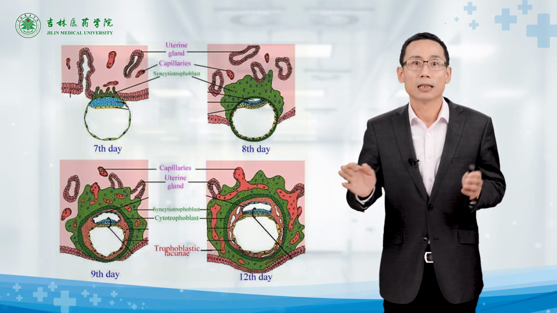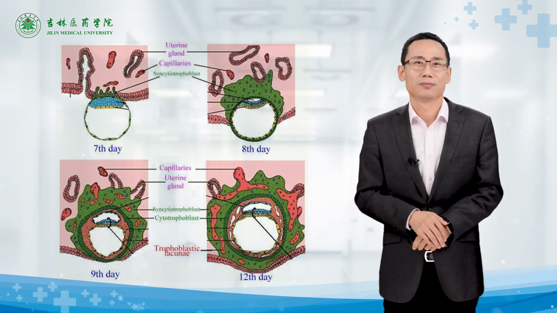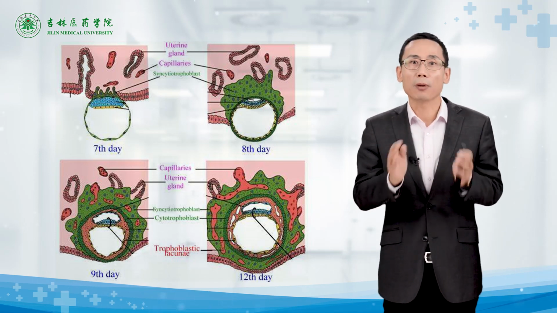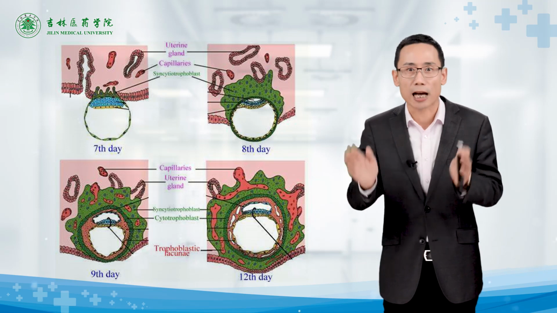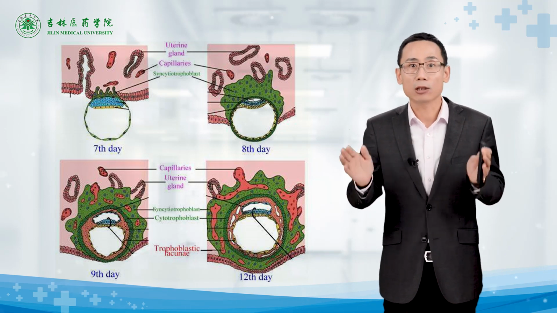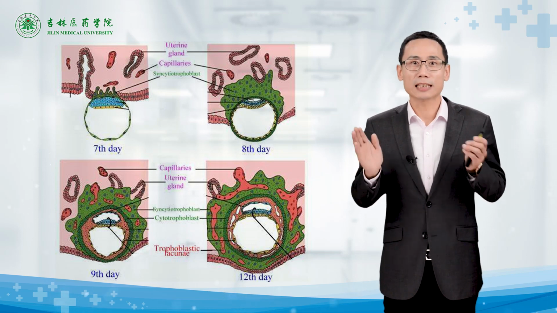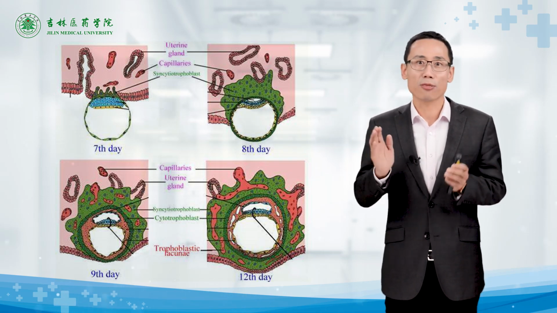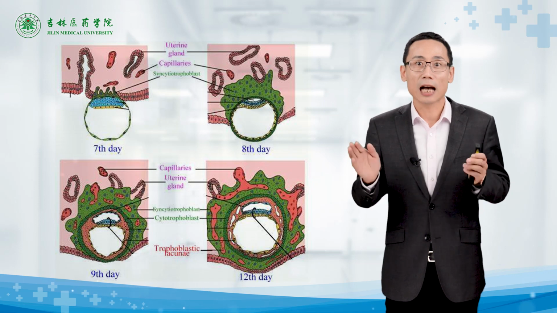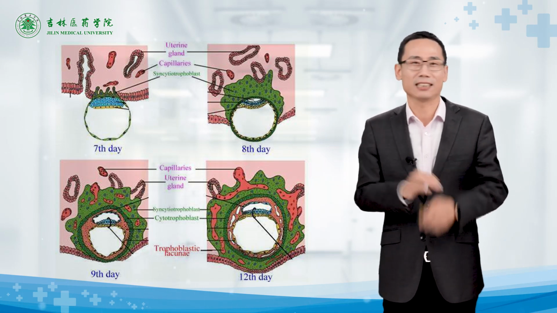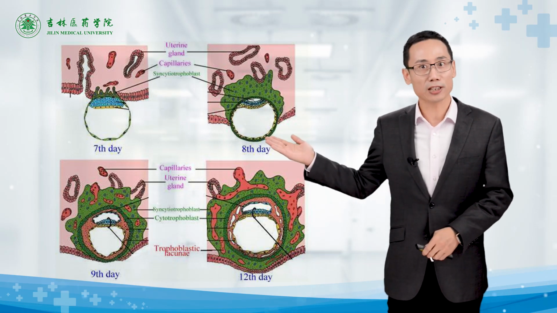This is called syncytial trophoblast. The inner cells have clear boundaries and are composed of monolayer cubic cells, which is called cytotrophoblast. In the latter, the number of cells increases continuously through division, and the cells are supplemented and integrated into the syncytial trophoblast. Look at these pictures.